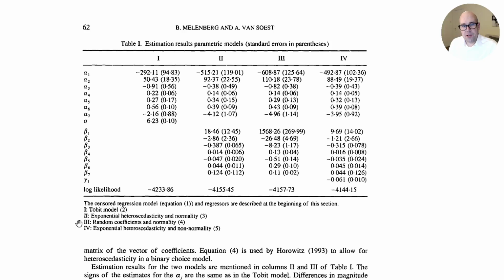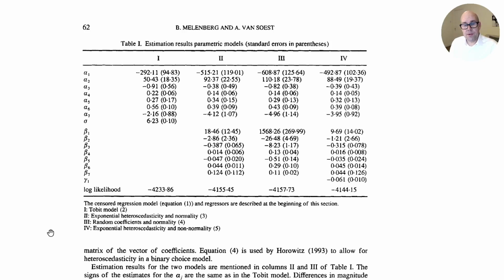Then specification 3, we have some random coefficients, and specification 4, we have again heteroscedasticity. I don't want to go here into the details of what this all means. You have heard before what random coefficients are. You know what heteroscedasticity is, but again, I don't want to go into the details here.